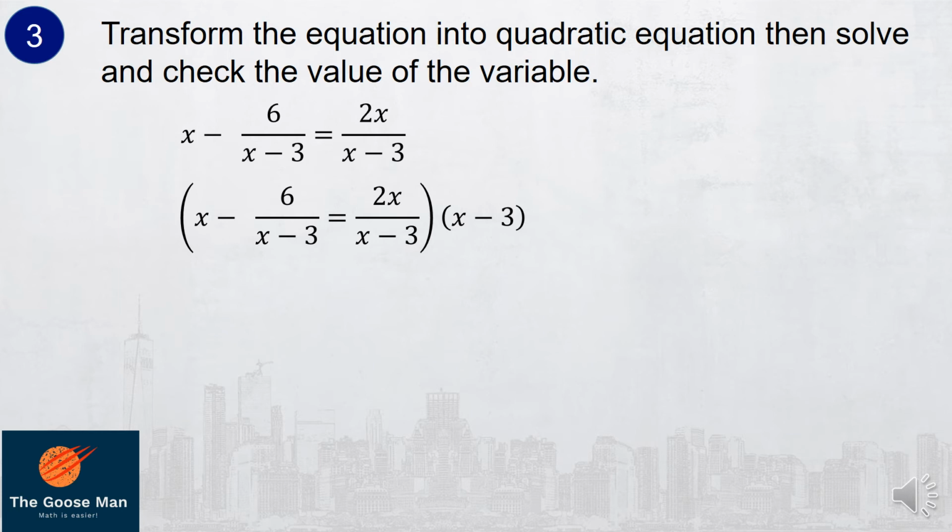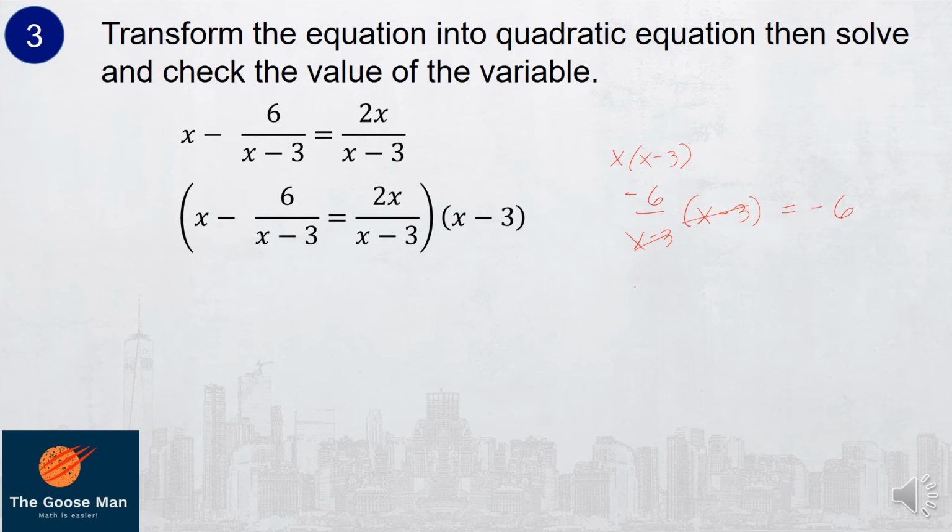Now, I'll distribute x times x - 3. Then I have here negative 6 over x - 3 times x - 3, and I can factor out x - 3, so we have only negative 6.